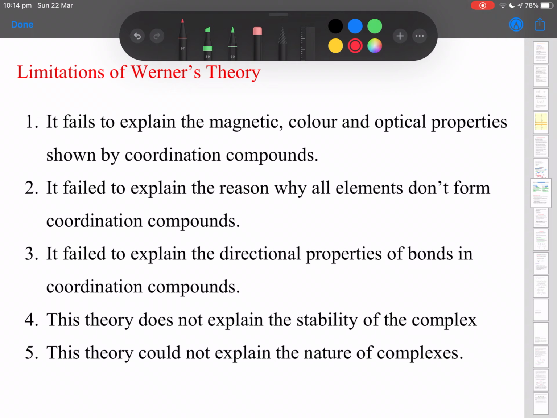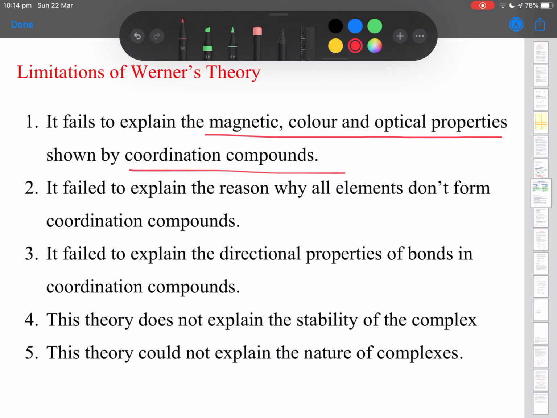It fails to explain the magnetic, color and optical properties. Though he was continuously speaking about the spatial arrangement, he could not talk about the paramagnetic or the diamagnetic behavior. That we will understand later when valence bond theory and crystal field theory were given, right?